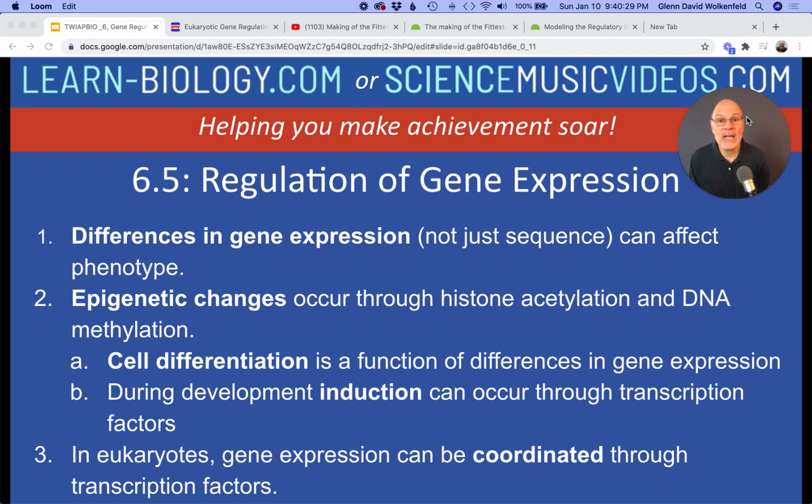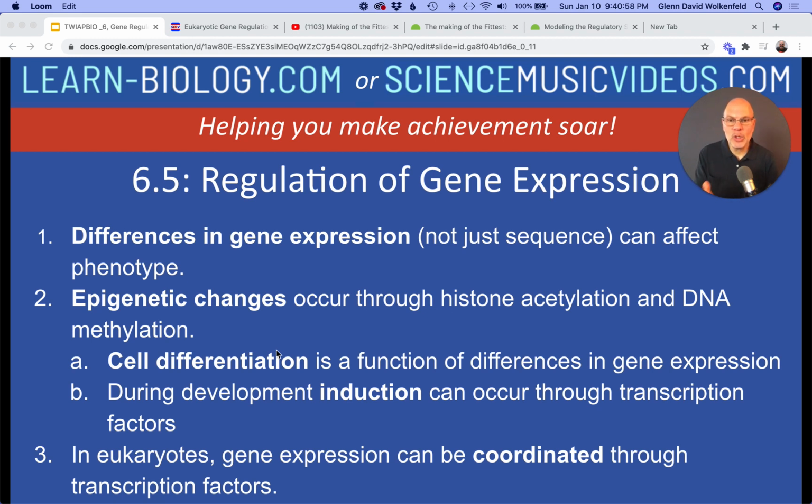So the basic idea, all cells have the same DNA in a eukaryotic organism, but different cells have different epigenetic modifications, and that's leading to differential expression of genes in those other cells. I guess I took care of that next topic when I talked about epigenetic changes and cell differentiation, and that of course plays a key role in development through processes like embryonic induction.